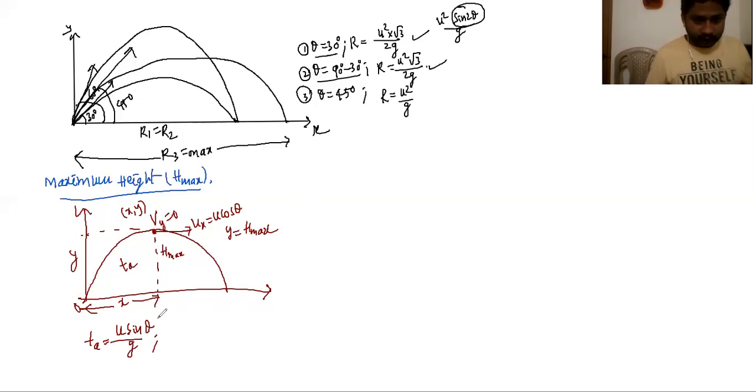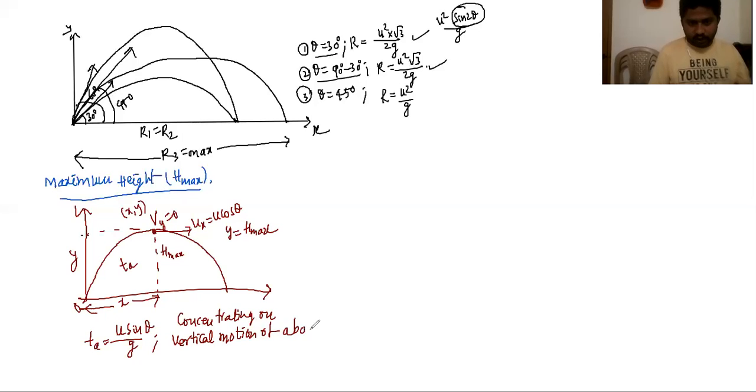Okay, now we are concentrating on the vertical motion of a body. So we can use the formula S is equal to ut plus half at square.